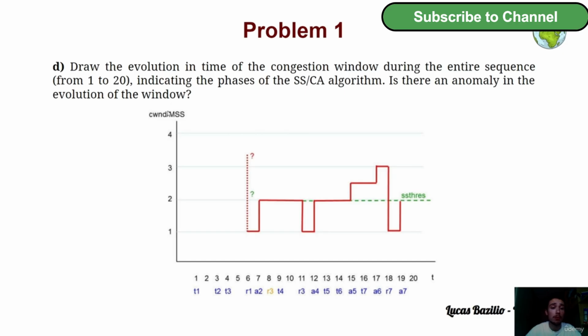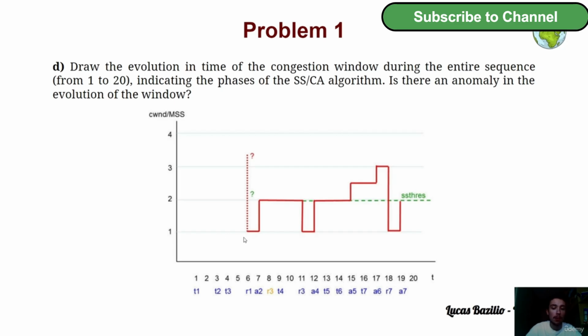So we can divide this by the maximum segment size, because remember that at exchange 6, since we have a retransmission, we set the congestion window equal to the maximum segment size. The congestion window is equal to one maximum segment size. So as we divide the congestion window by the maximum segment size, this gives us 1.